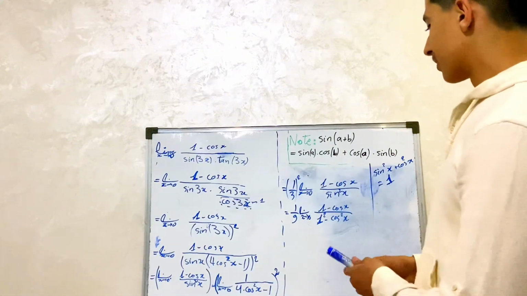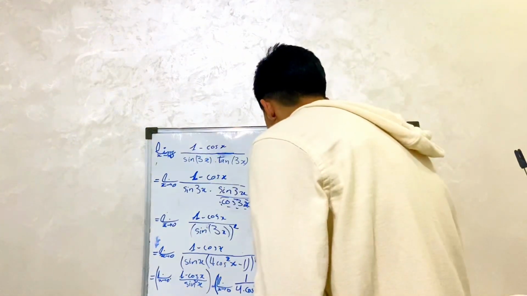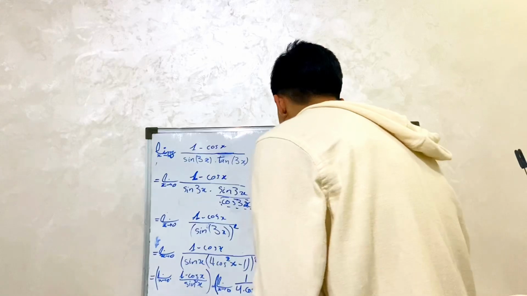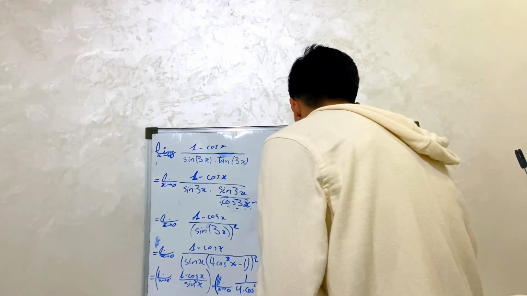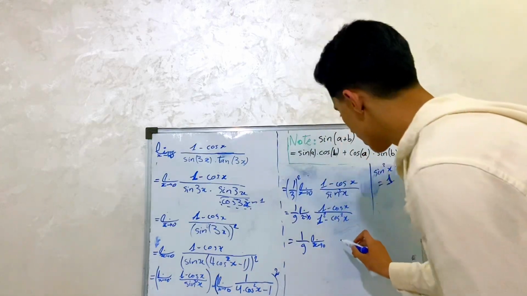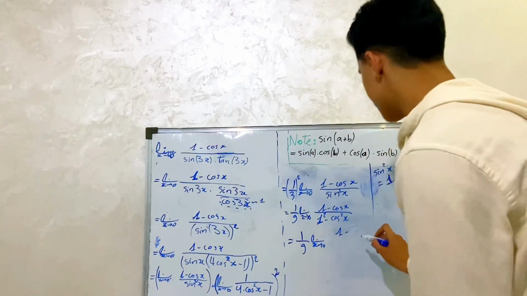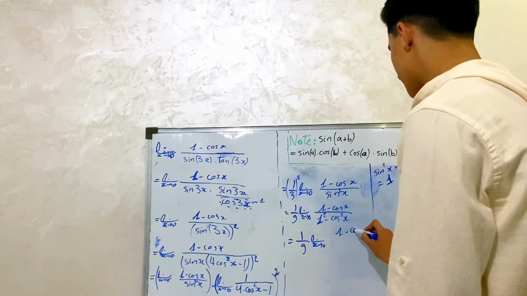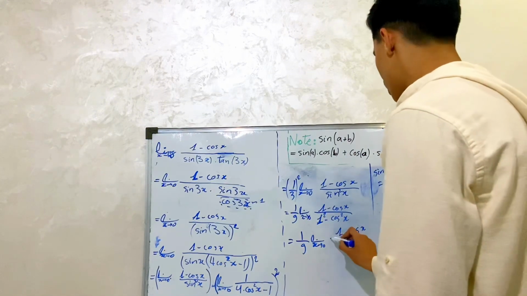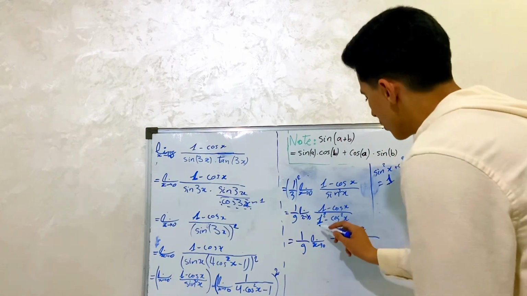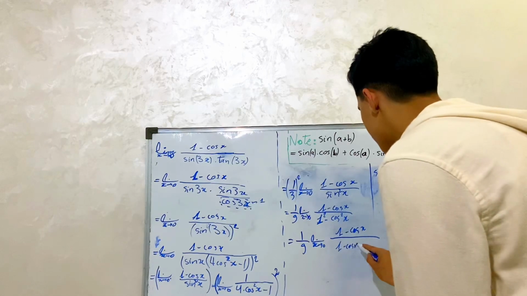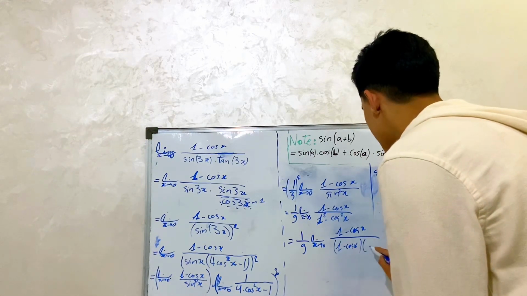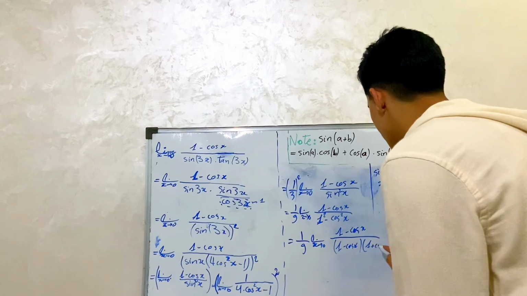We can simply rewrite that, making this 1 over 9 the limit as x goes to 0 of 1 minus cosine x over 1 minus cosine x times 1 plus cosine x.